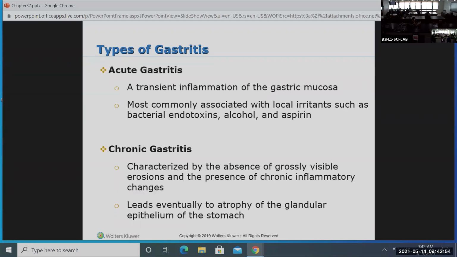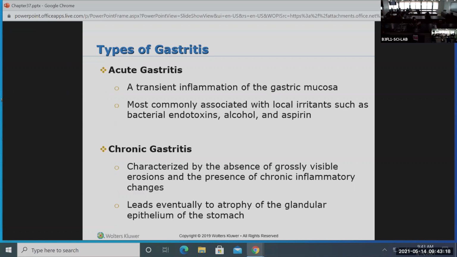Now the chronic form is characterized by absence of grossly visible erosion and the presence of chronic inflammatory changes. The mucosa undergoes changes, and that is what we call chronic gastritis.